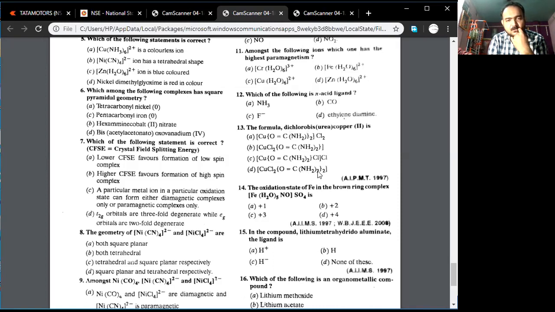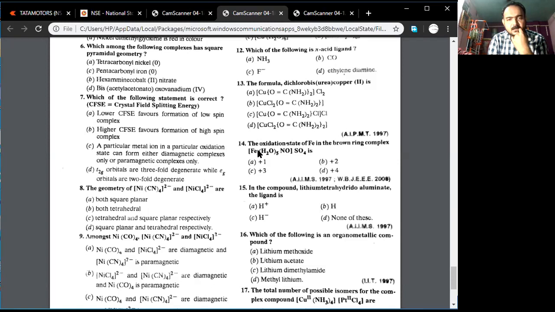Bis urea means 2 urea molecules are present. Dichlorido stands for 2 Cl ligands, bis stands for 2 urea. That's why this is the structure.